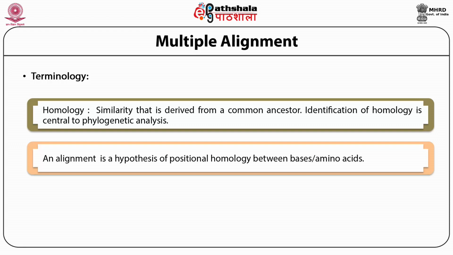In case of biology though, one way to look at an alignment is that it is a hypothesis of positional homology between the bases or amino acids contained in 2 different sequences taken from 2 different sources. And that has important consequences in many areas, including evolution, structural biology, functional areas like genomics, and so on and so forth.